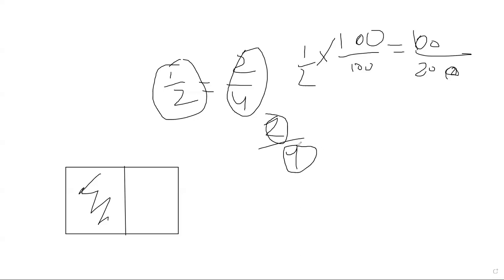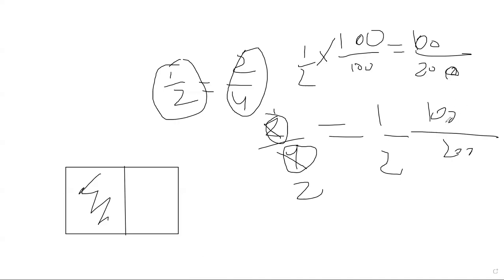What is the common factor of this? 2 is the common factor. So 2 divided by 2 and 4 divided by 2 equals 1 by 2. Even for 100 by 200, what is the common factor? Correct, it's 100. So it will become 1 and it will become 2.